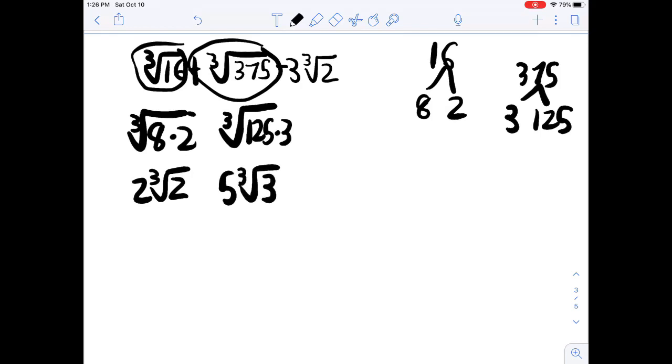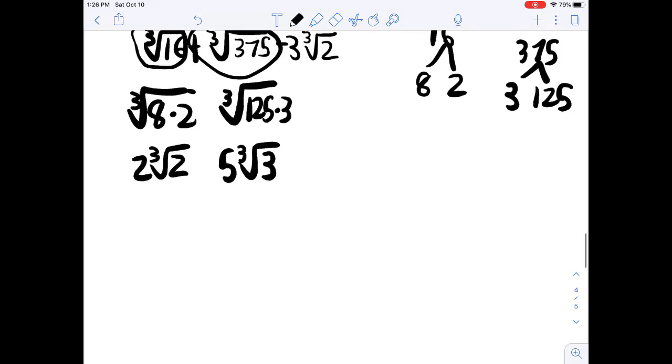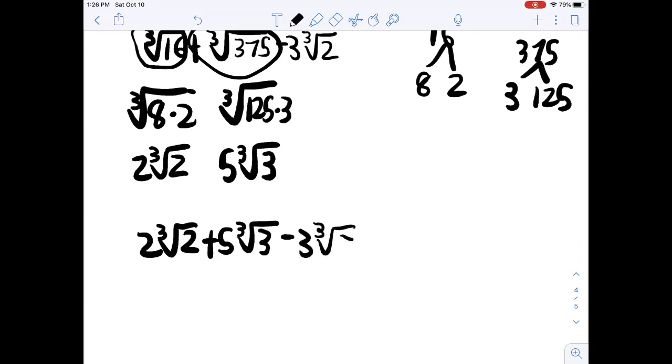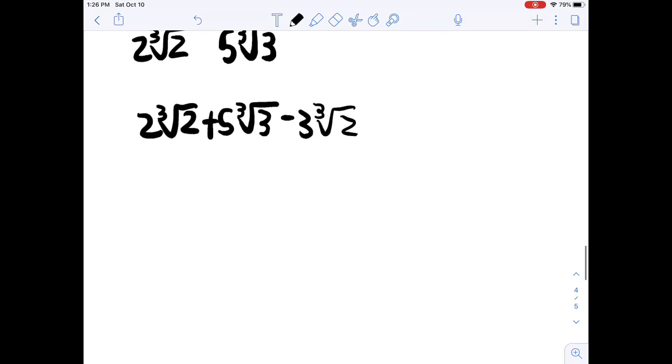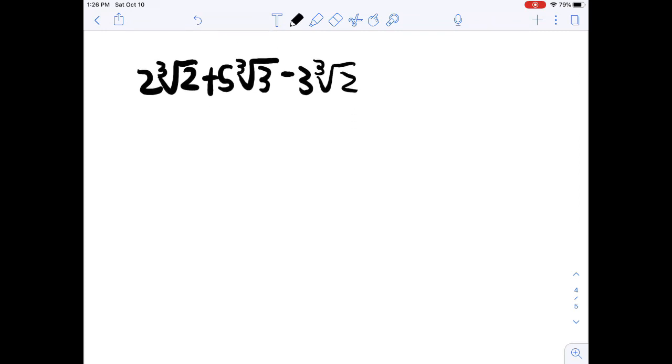Now let's use these simplified terms and rewrite the equation. It now becomes 2 times the cube root of 2 plus 5 times the cube root of 3 minus 3 times the cube root of 2. This looks much simpler now, and we can solve from here. These are all cube roots, so that's taken care of.